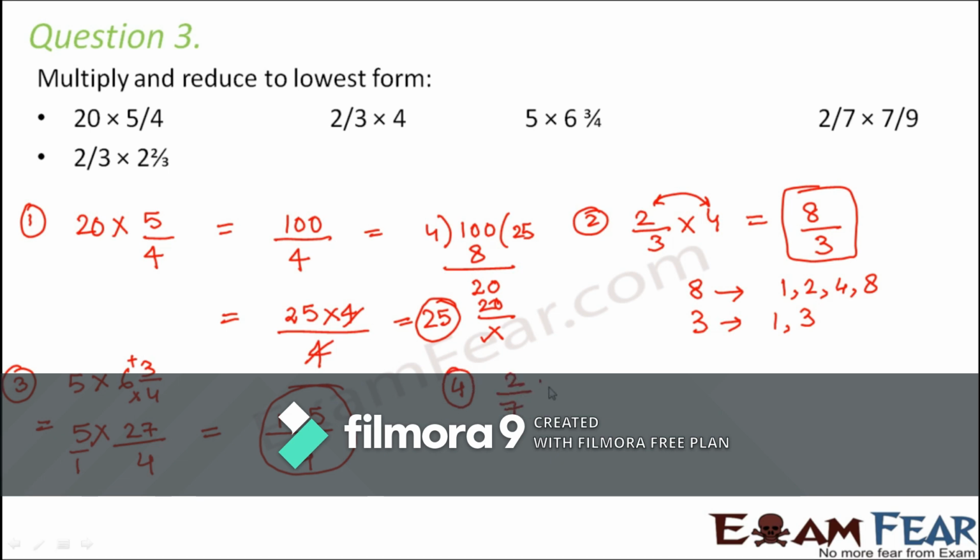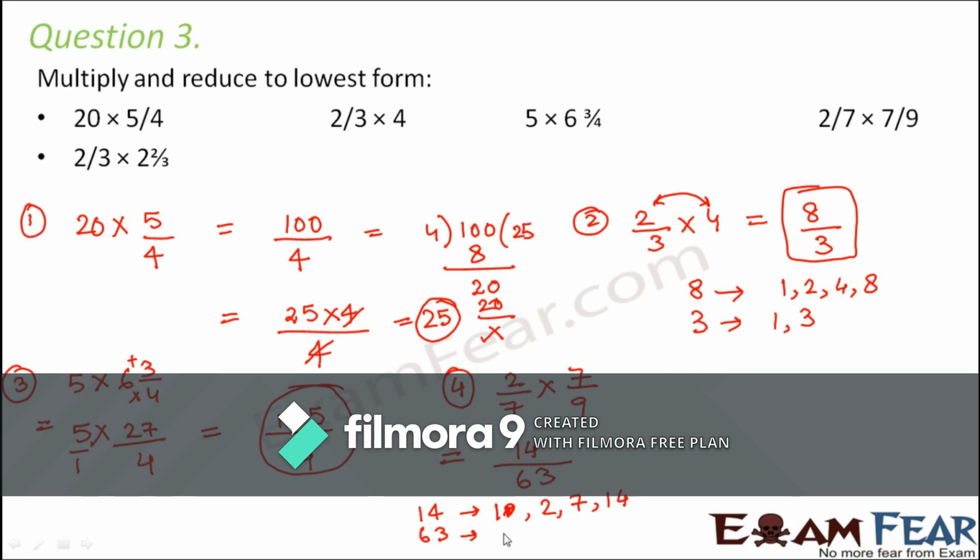Question number 4, that is 2 by 7 into 7 by 9. In this case we will do the same. 2 into 7 is 14 and 9 into 7 is 63. Here let us find the common factors. For 14, the factors would be 1, 2, 7, 14.